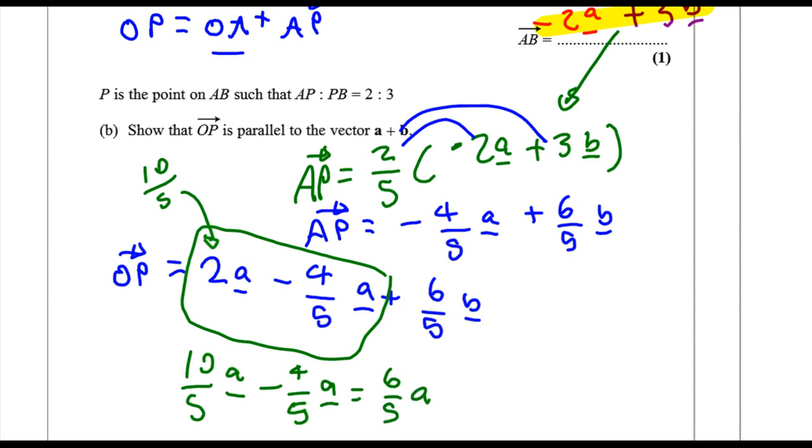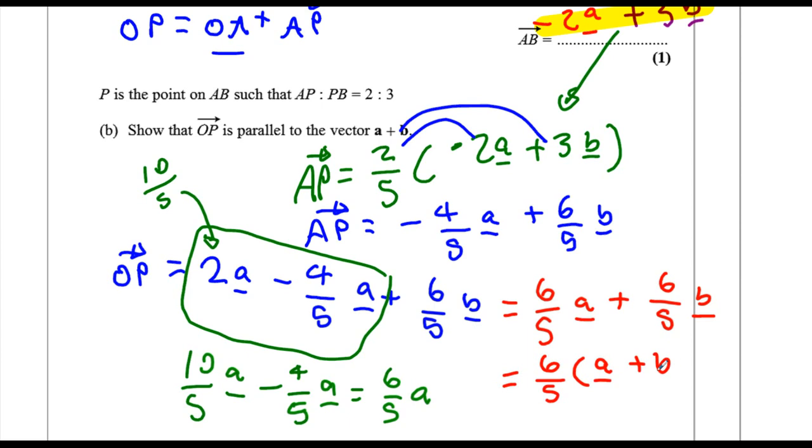So this is going to work out very, very nicely because we've got 6 over 5 a plus 6 over 5 b. And we can now do the F word. We can factorise: 6 over 5 (a plus b). And that, as I've said, shows that it's parallel to the vector a plus b. Okay, therefore parallel to a plus b.